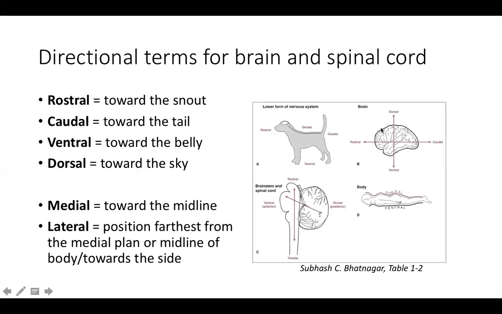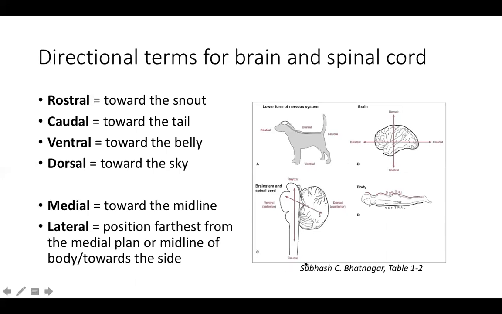This image here is from the very side of the brain, but if we took a slice down the middle, that would give us a medial towards the middle of the brain. And lateral would be the position that's farthest from the medial plane or farthest away from the midline of the body, so towards the sides.